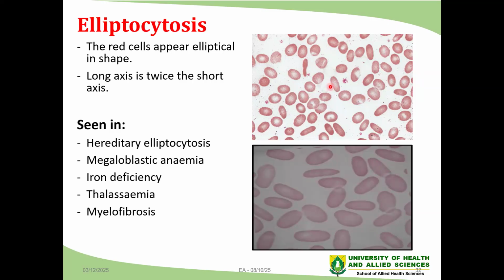We see quite a number of them in here, and within this film, we also see quite more of them here. Like I said, you may find them in conditions which are hereditary in nature, for example, hereditary elliptocytosis. You may also come across them in megaloblastic anemia, iron deficiency, thalassemia, as well as myelofibrosis.